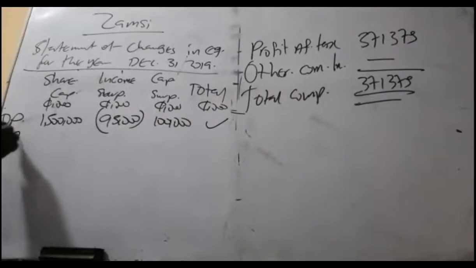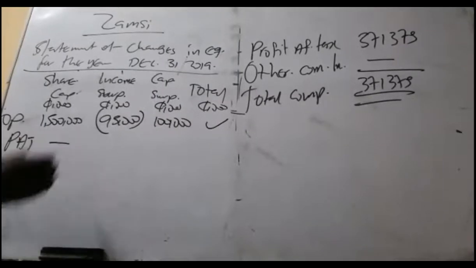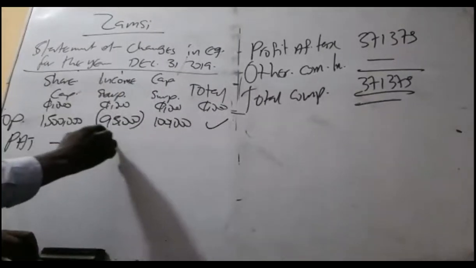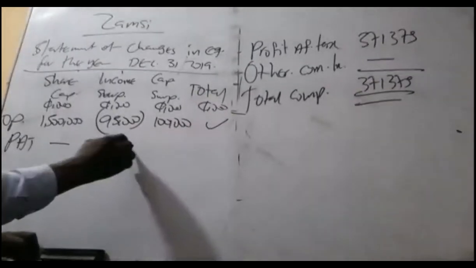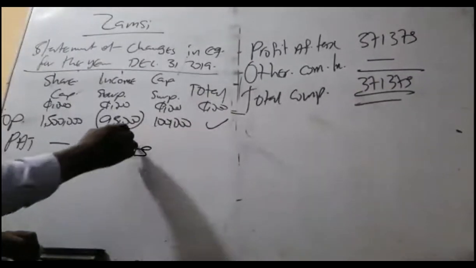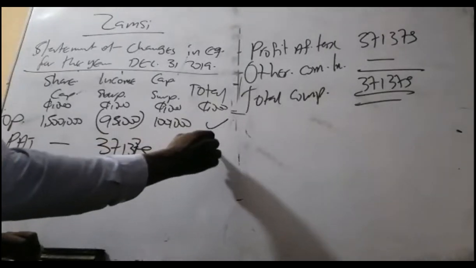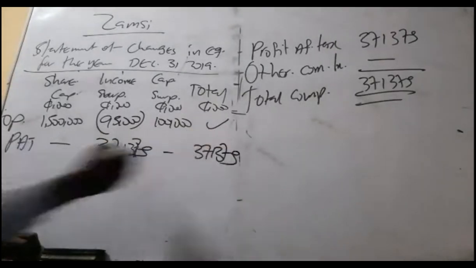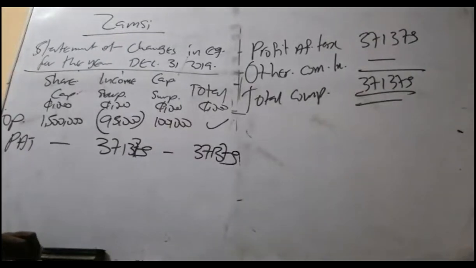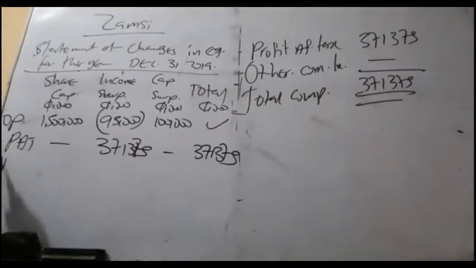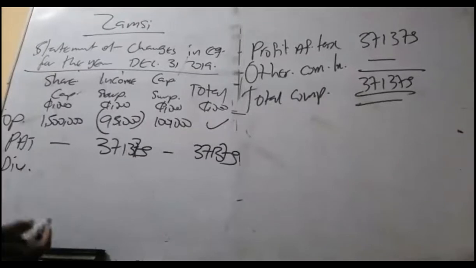Then write your profit after tax. Profit after tax is 371,375. The same to come here, 371,375. Then less dividend.